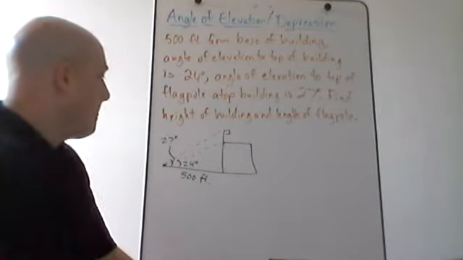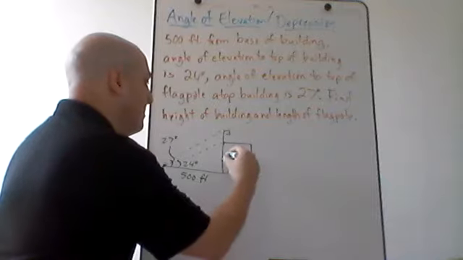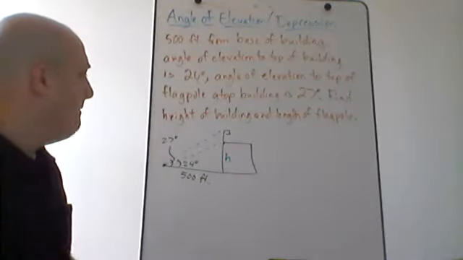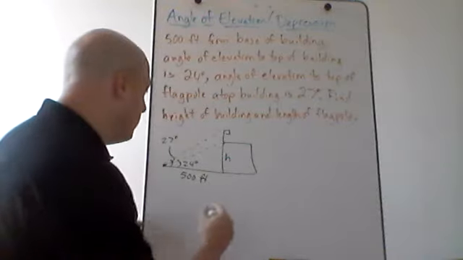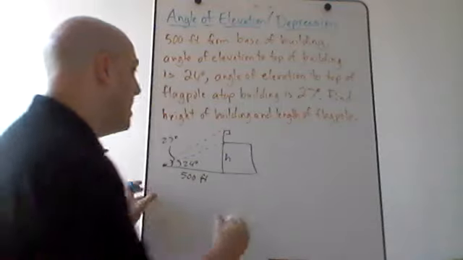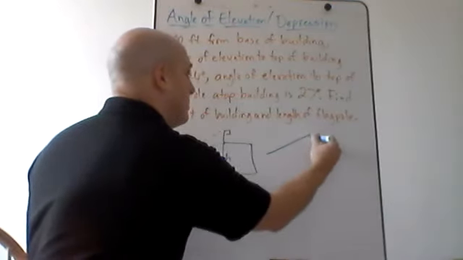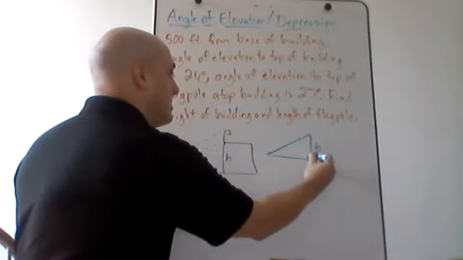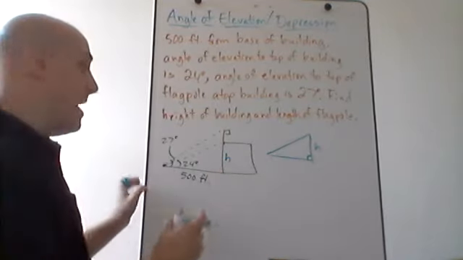Alright, so I want to find first the height of the building. Let me try to do that first. I'll label the height of the building H. What I have here is a little right triangle. Well, I have a couple of right triangles, but I'm going to take the smaller one on the inside. If I'm just looking at the height of the building, which I labeled H, we're assuming the building is standing up straight, so it makes a right angle with the ground.